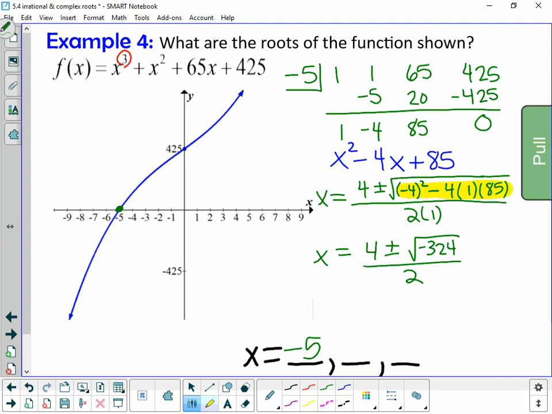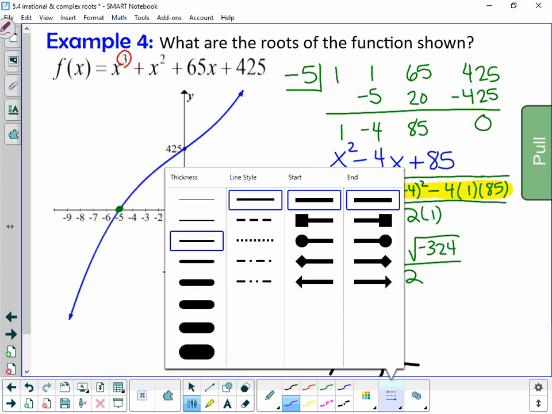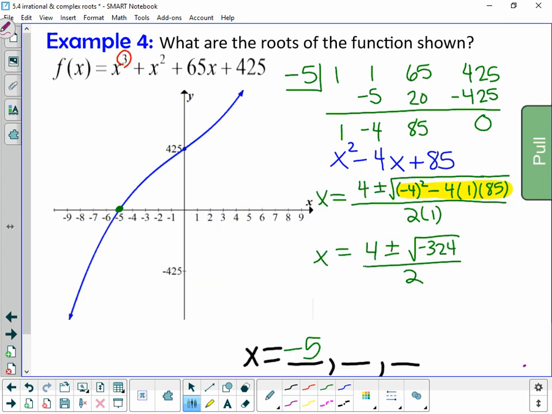Well, if you get a big number like 324 and you're not sure, I would first try just to see what the square root of 324 is. Now you should know by now that the fact that this is negative means that our answer is going to have an imaginary part. It's going to have an i.